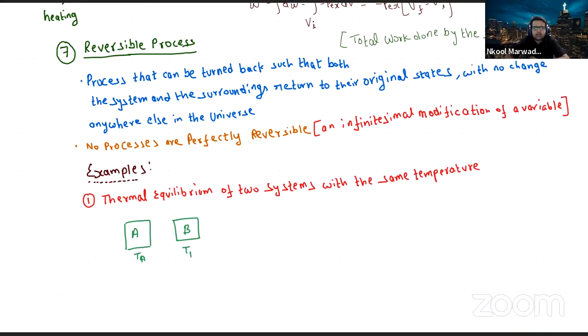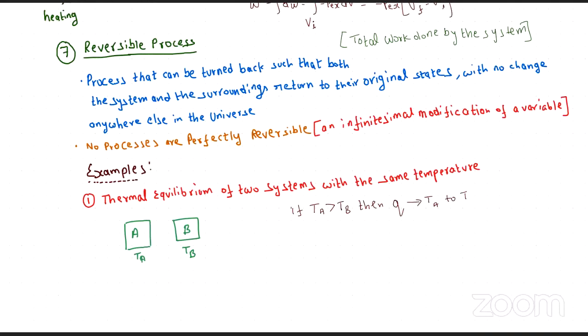Now I can say that if TA is greater than TB, then the Q, that is the heat energy, will flow from TA to TB, isn't it?